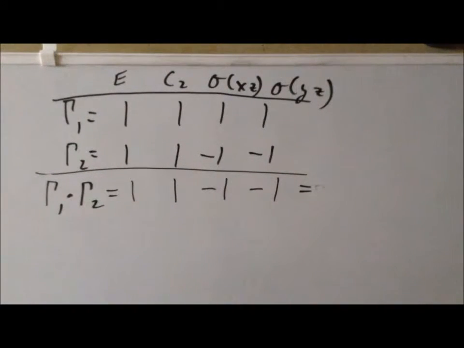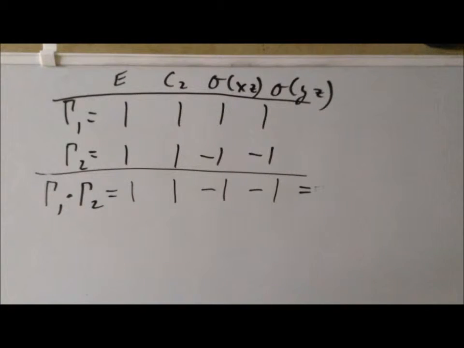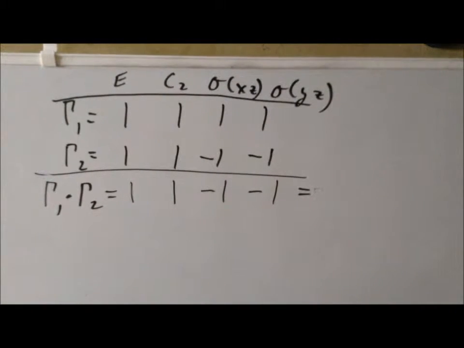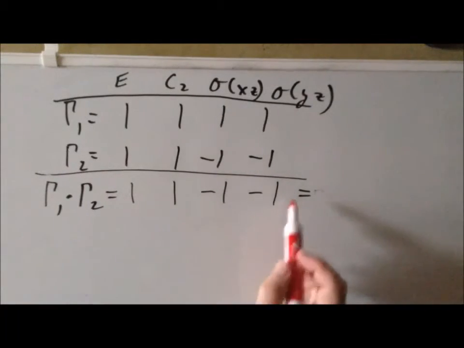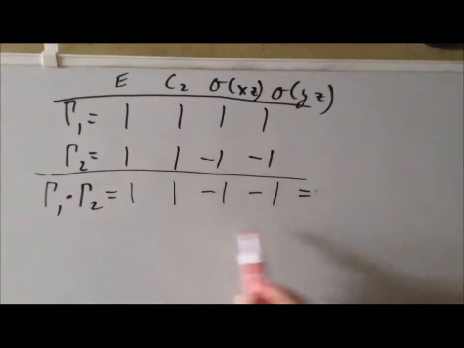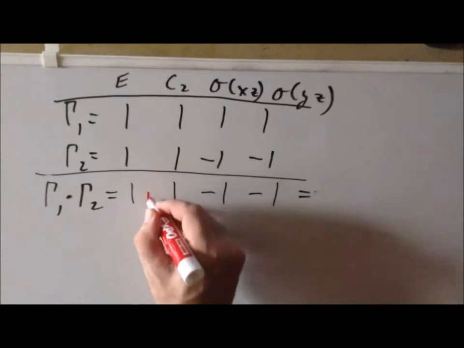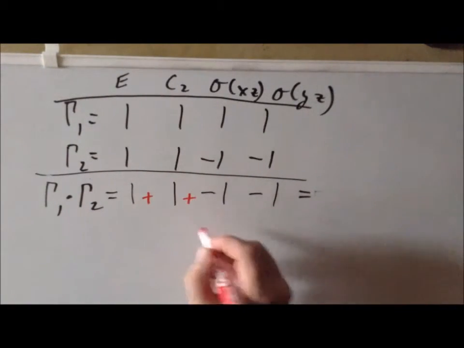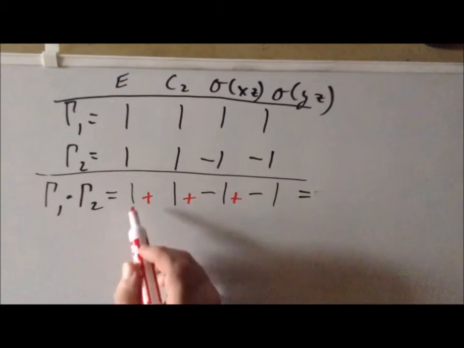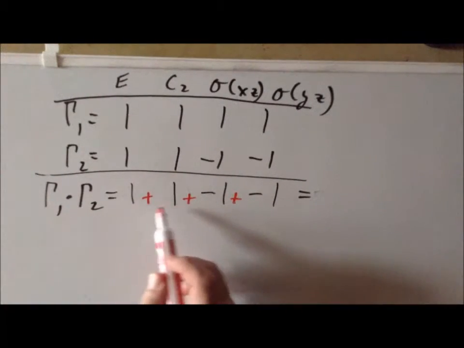But here's where it becomes different, in that if we were cross multiplying, we would leave this as our final result, and it's another representation. To get the dot product, I add all these values together. So I add 1 plus minus 1 plus minus 1, and I get a result that's equal to 0.